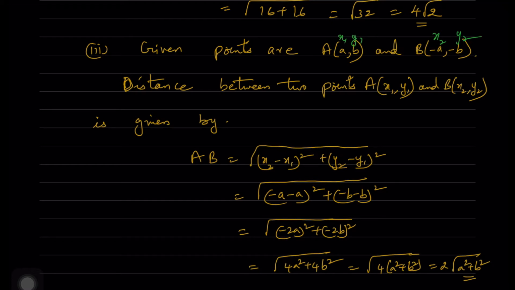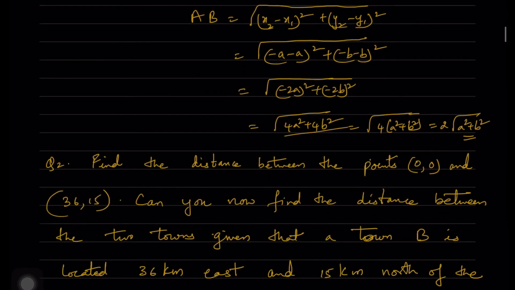So your (minus 2a) whole square plus (minus 2b) whole square, that is 4a square plus 4b square under root. If you take 4 out common, under root you are having a square plus b square, and root of 4 is nothing but 2. So that will be written outside, 2 into root of a square plus b square.